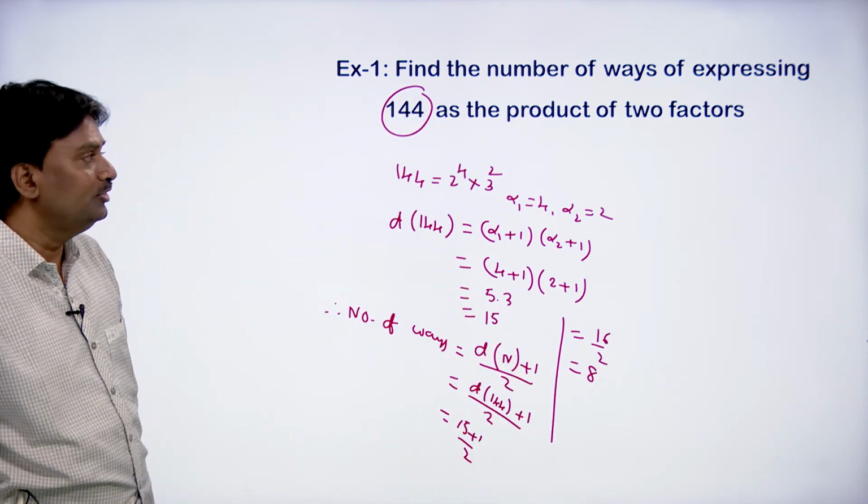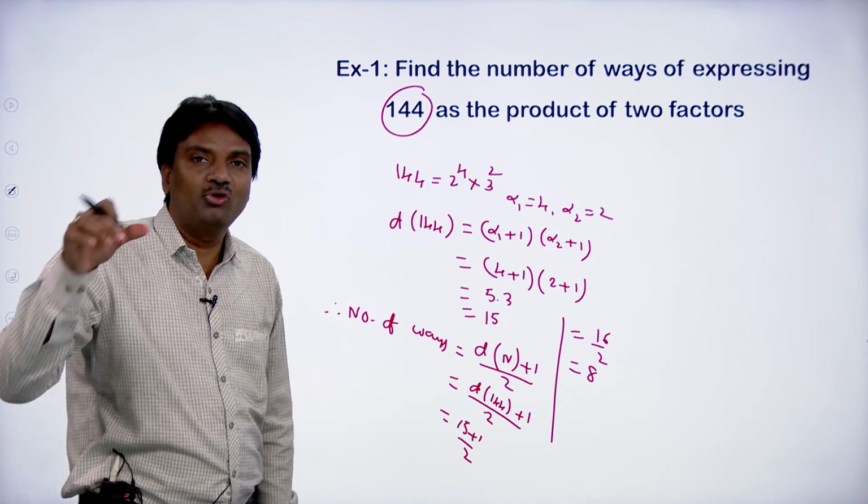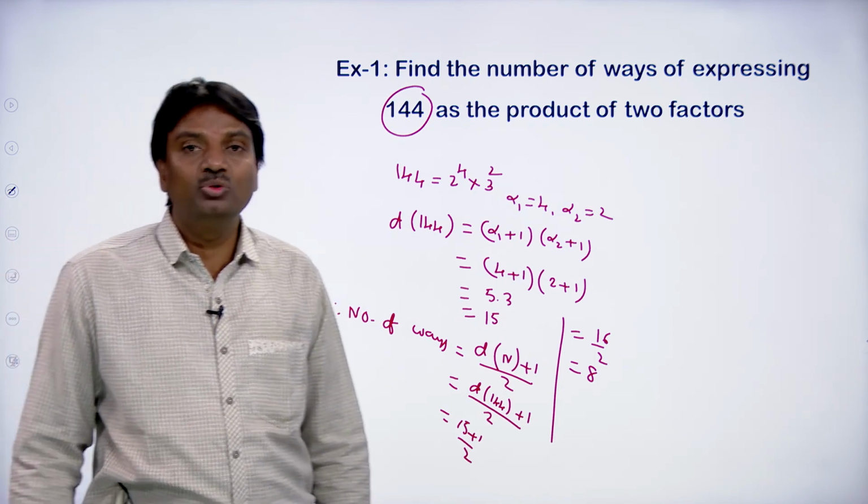In 8 ways we can express the number 144 as the product of two factors.